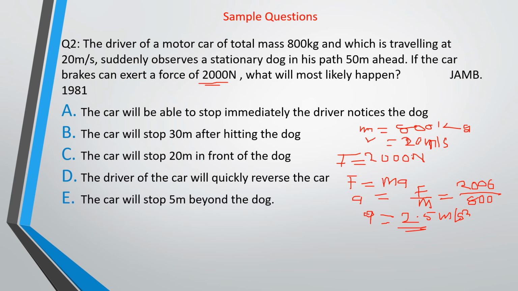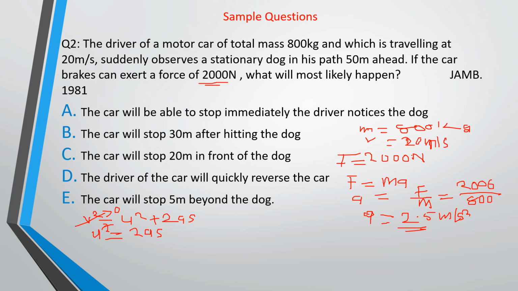So you apply the third equation of linear motion: v squared is equal to u squared plus 2as. We say final velocity is equal to 0, so that part becomes 0. Now you write the equation: u squared is equal to 2as.